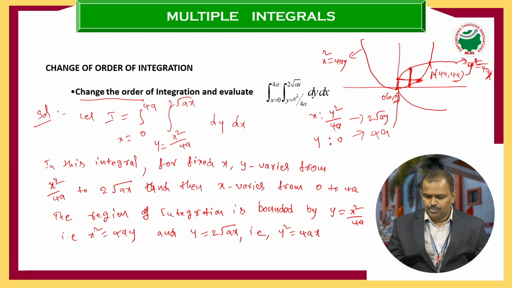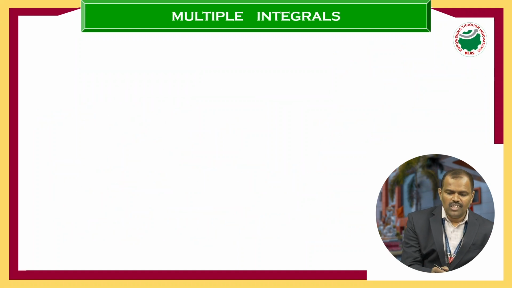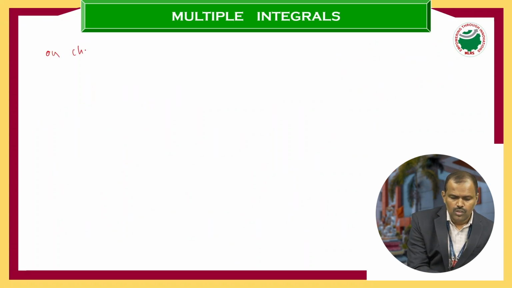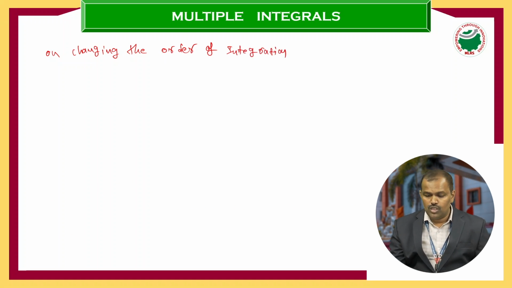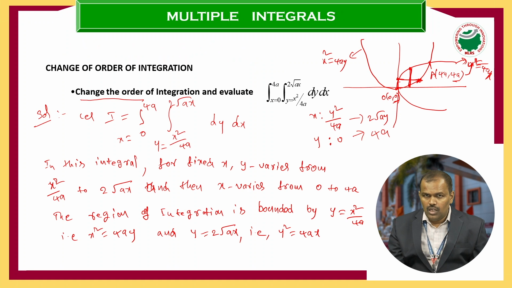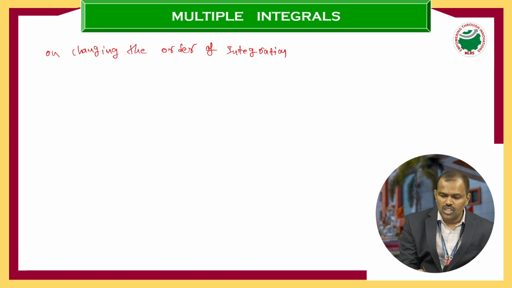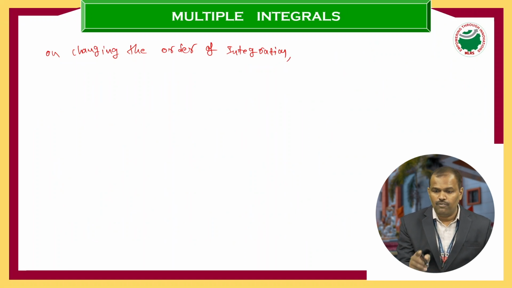So therefore, on changing the order of integration, before changing, y has variable limits and x constant limits. Now after changing, x has variable limits and y is fixed.